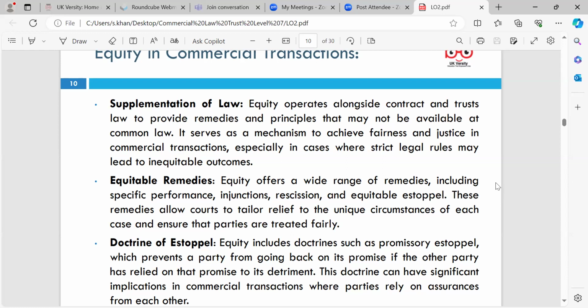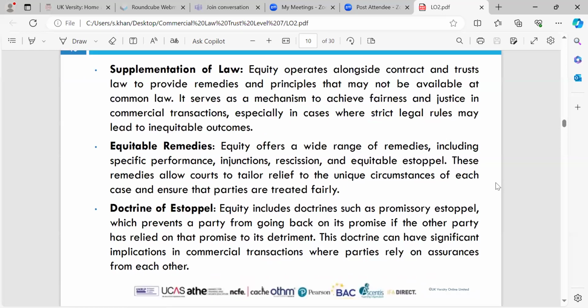So it's really important that everything is done in fairness. Equitable remedies. So equity offers a wide range of remedies, including specific performance, injunctions, rescission, and equitable estoppel. These remedies allow courts to tailor relief to the unique circumstances of each case and ensure that parties are treated fairly. The doctrine of estoppel.